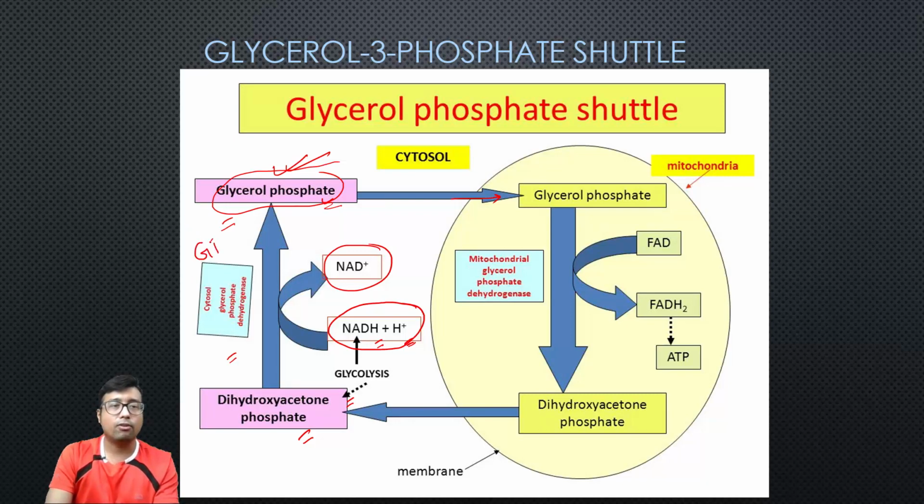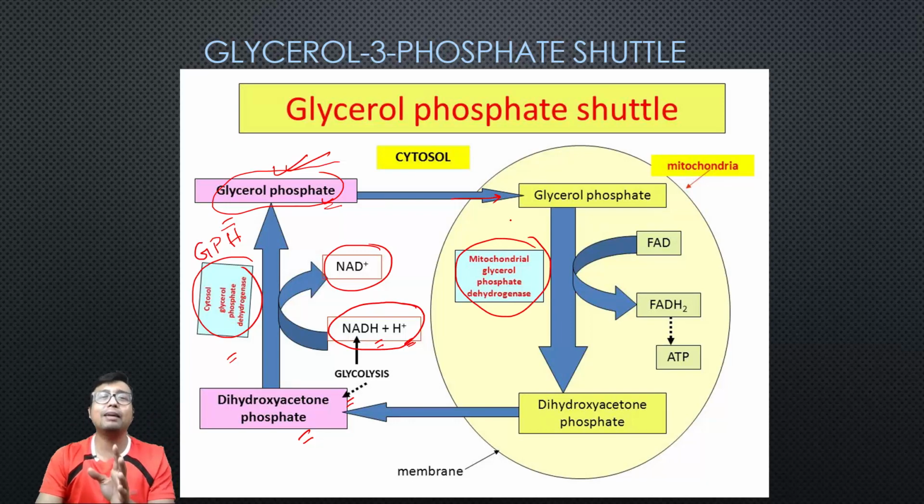Mind you, the conversion from dihydroxyacetone phosphate to glycerol phosphate is done by glycerol phosphate dehydrogenase. There are two isomers: one is a cytosolic isomer and the other is the mitochondrial isomer. In both these shuttles, the same enzymes exist inside the cytosol and inside the mitochondria. Now this mitochondrial glycerol phosphate dehydrogenase converts glycerol phosphate back to dihydroxyacetone phosphate.